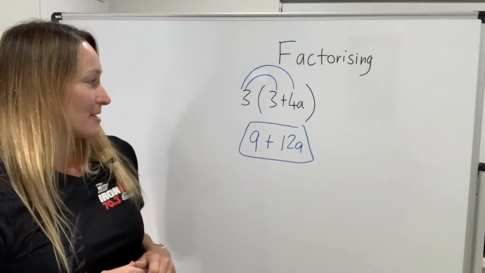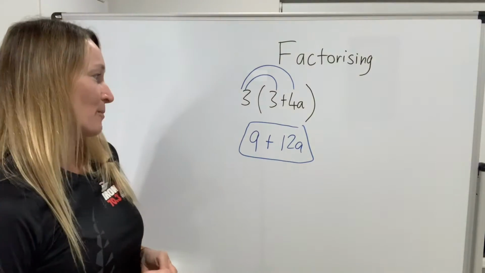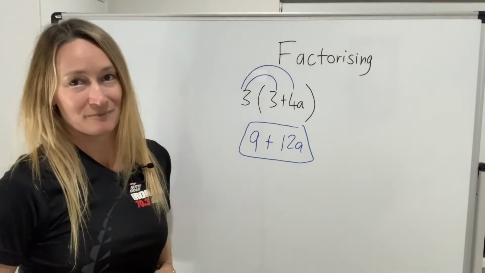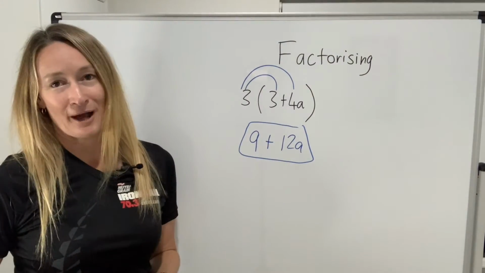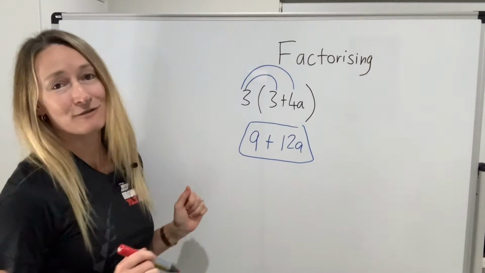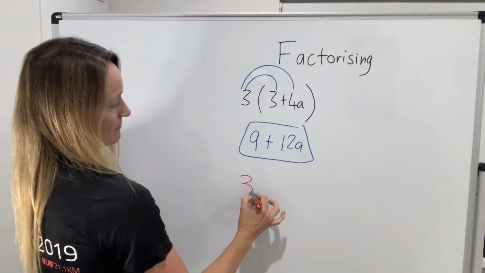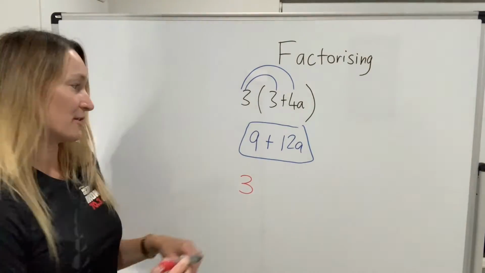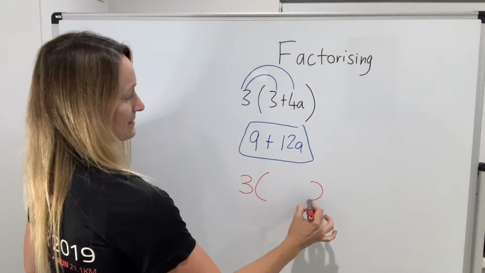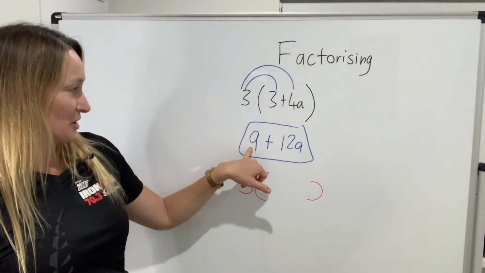The first step is to have a look at what these two terms have in common, or the highest common factor. So what both of these can be divided by. In this case, the 9 and the 12 can both be divided by 3. That tells us that the 3 is going to go outside of the brackets. We look at the first term, which is 9.